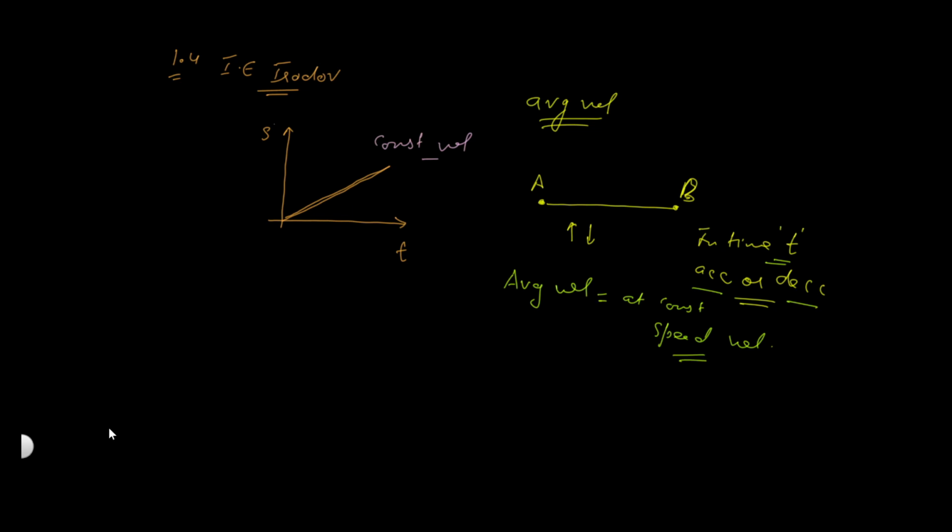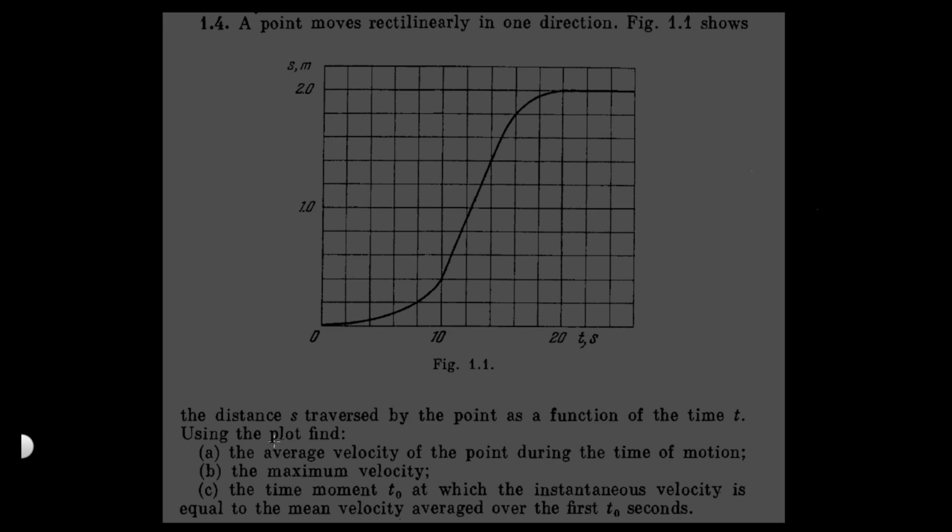Now we are going to solve the question, starting with the first part. The important thing is that the point moves rectilinearly in one direction, so distance and displacement in this case will be the same. The first part asks for the average velocity of the point during the time of motion. Average velocity is total displacement upon total time.